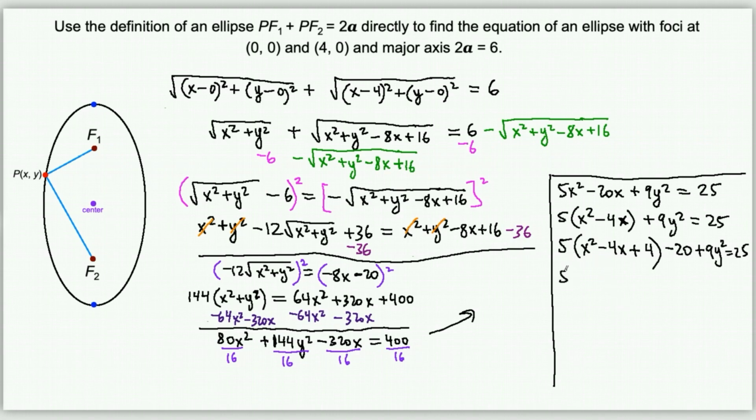So now we have 5 times x minus 2 squared. You see, this is a perfect square trinomial, which is why we needed to complete the square to get it. A perfect square trinomial becomes a binomial being squared, right? If you use the FOIL, you will get this.